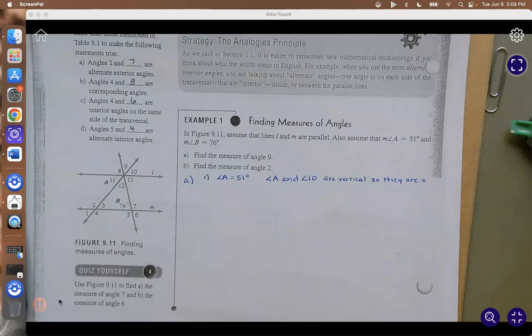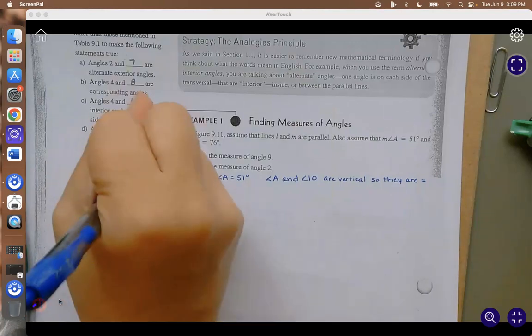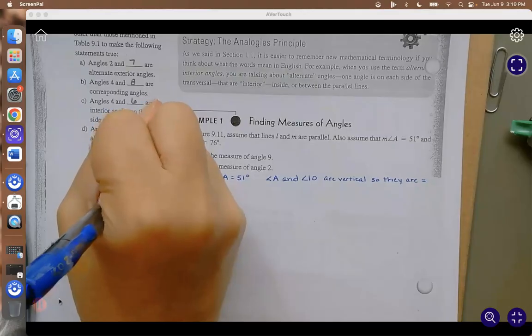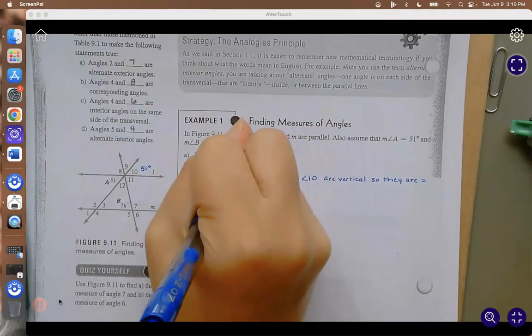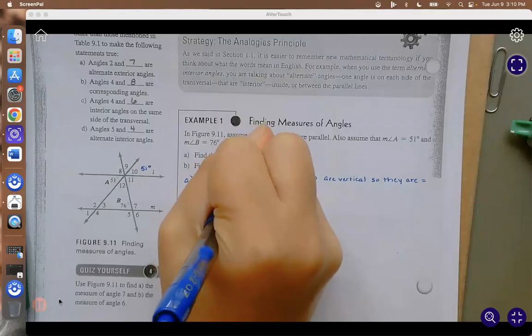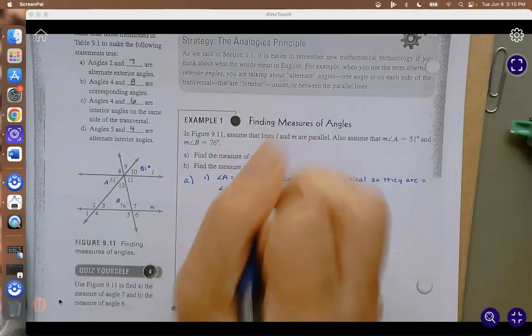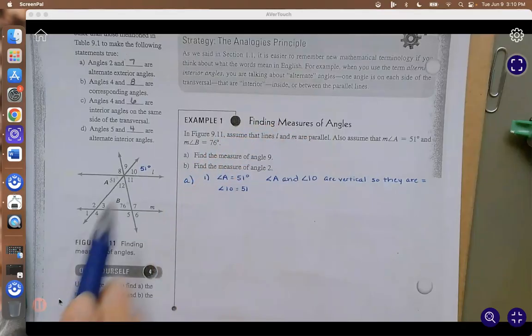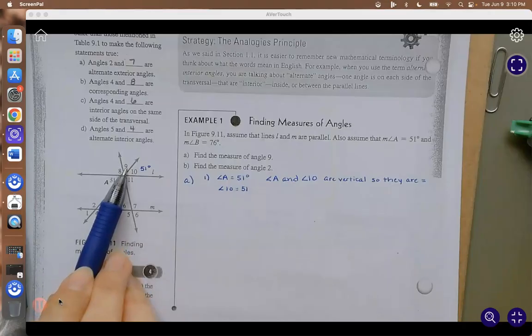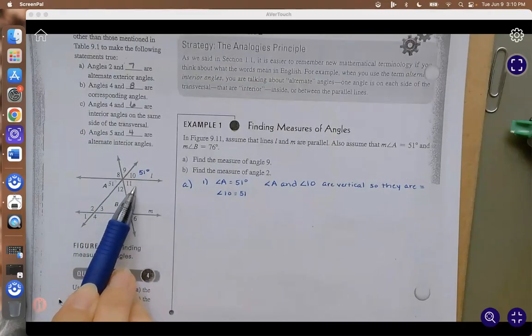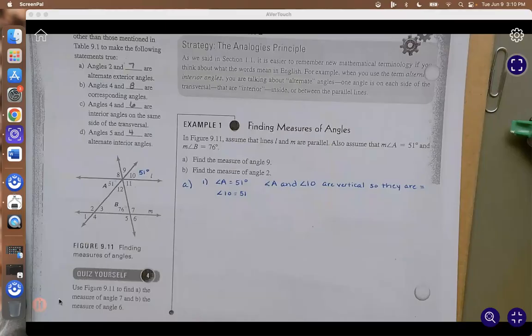All right? So that means that 10 is also 51 degrees. Now, if I look here, 9, 10, and 11 make a straight line. So I need to find out what 11 is.